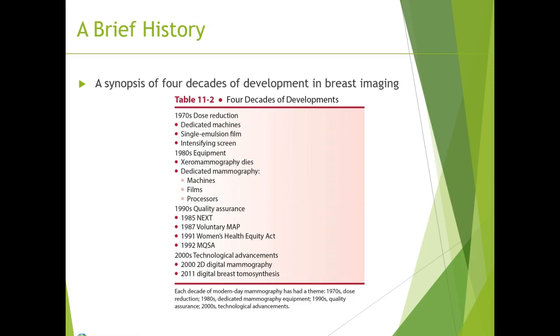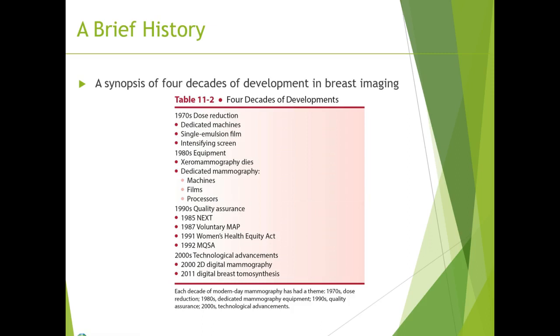I want to talk a little bit more about the 1990s and the quality assurance and how that came about. So in the 1980s, when the general X-ray and xerography techniques were replaced with the dedicated machines and low-dose film screen, although the benefits of screening mammography were showing some good results, what was noticed is that the quality across facilities was very different, and therefore even the doses were very different.